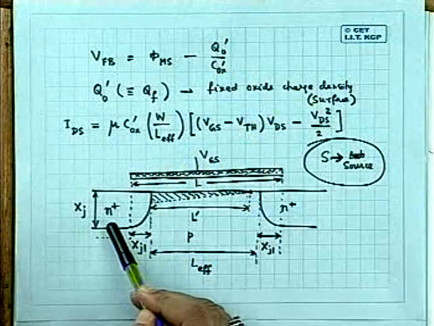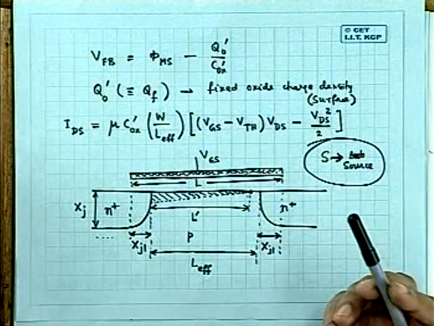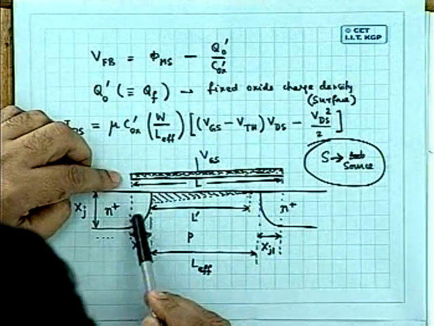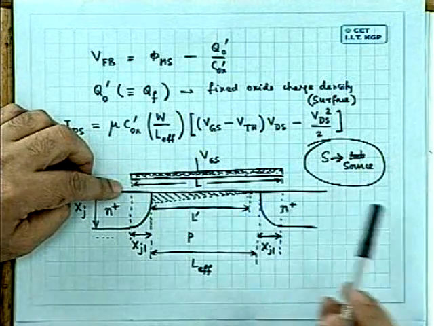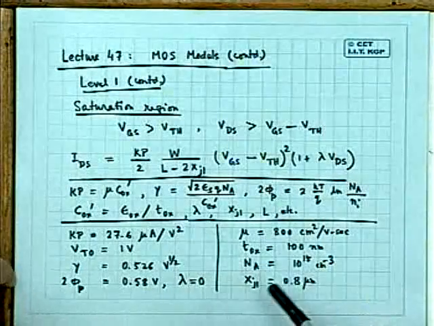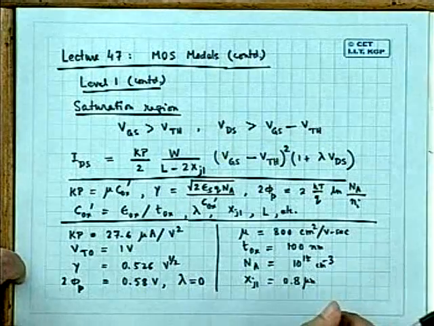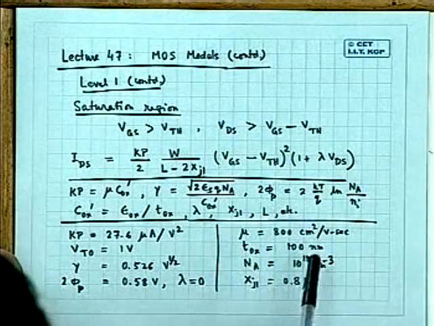So initially you do pre-deposition and then you do some drive-in. So what will happen? The impurities will diffuse in this direction as well as in this direction. And typically, as I said, for the diffusion case, lateral penetration is around 80%. So it was very typical that the junction depth xj was 1 micron and xj1 was 0.8 micron, because it is 80% of that. That is the philosophy. So these values clearly indicate that it's a very old technology.